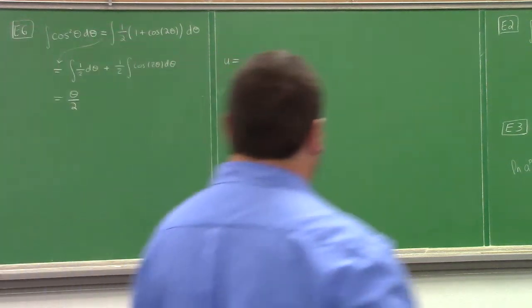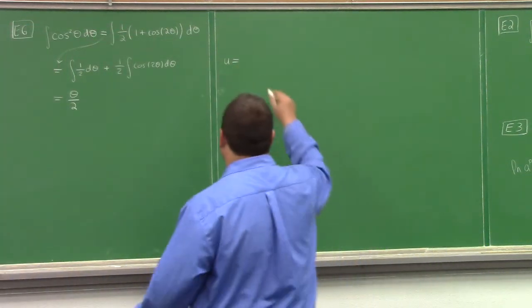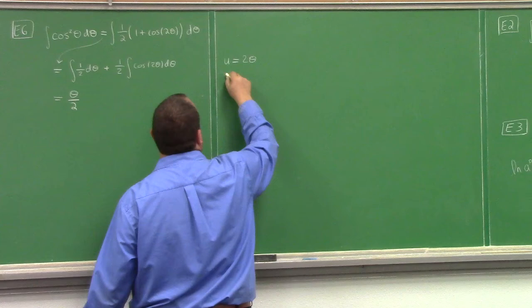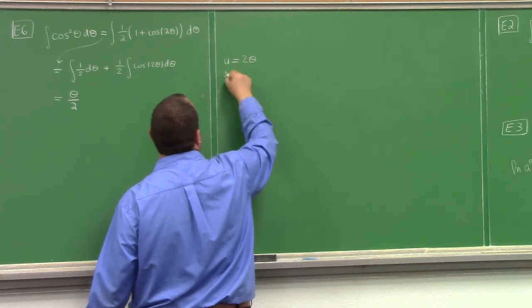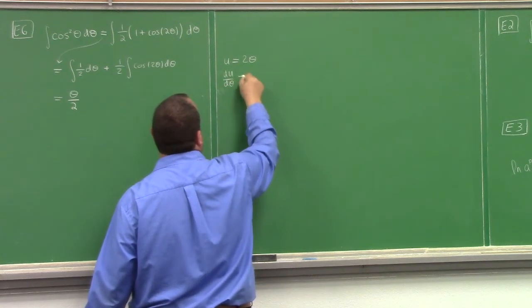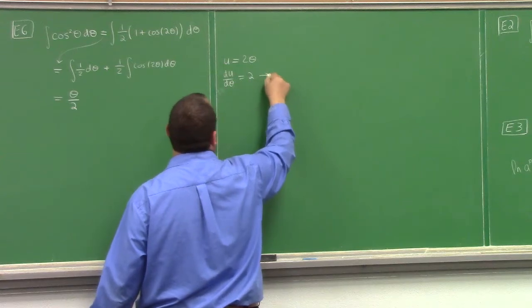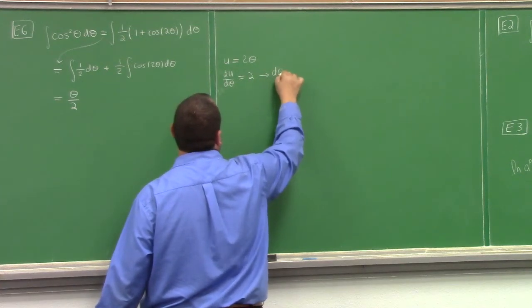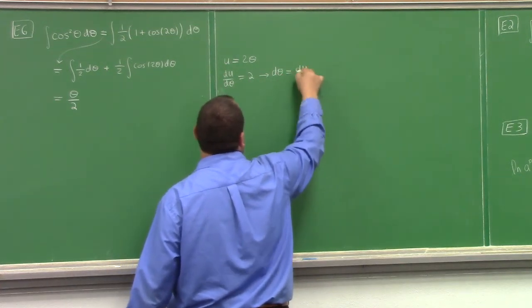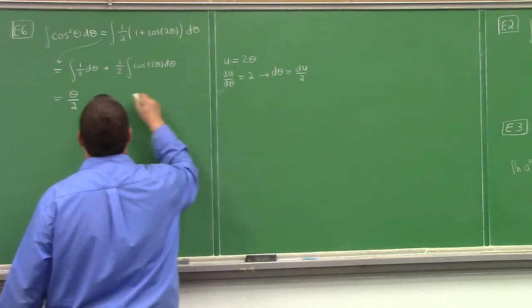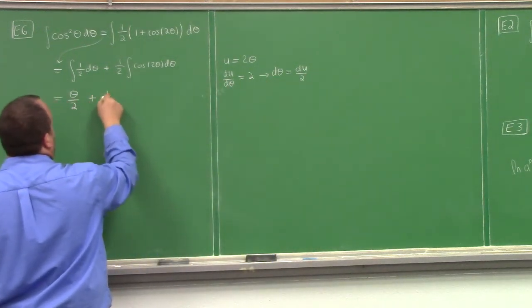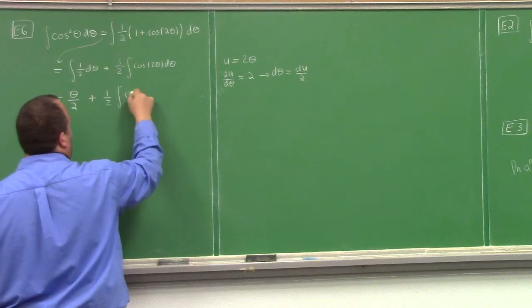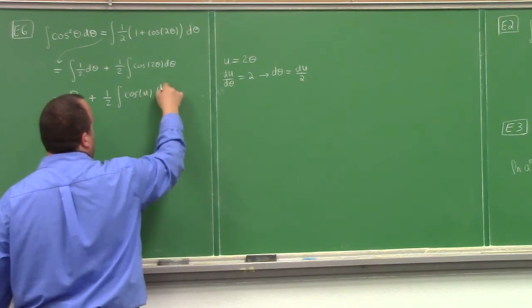That would be cosine of u, right? So if u is 2 theta, that makes du d theta equal to 2, of course. So d theta is du over 2, right? So we get plus 1/2 integral of cosine of u times du over 2, right?